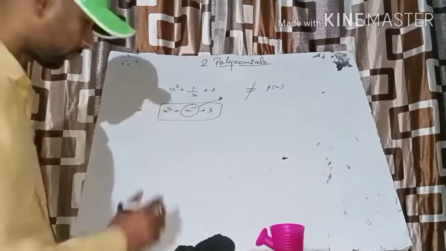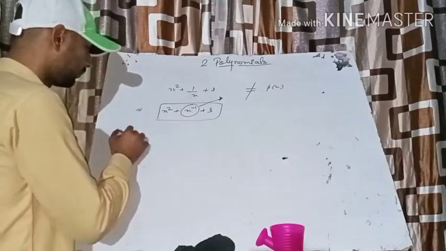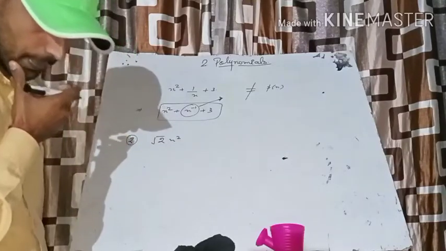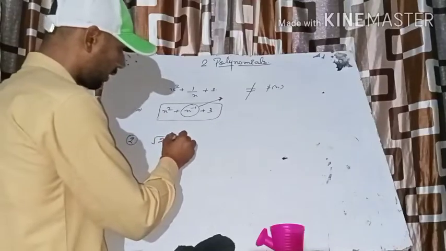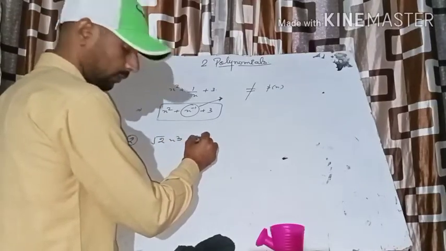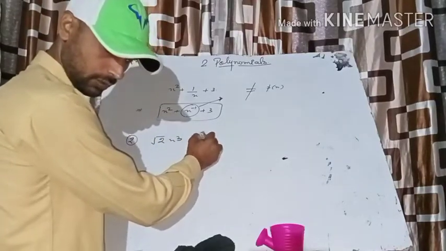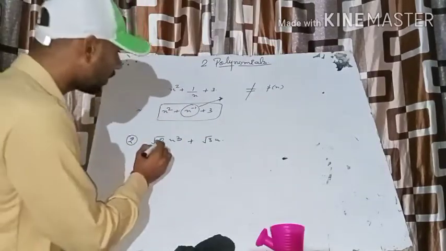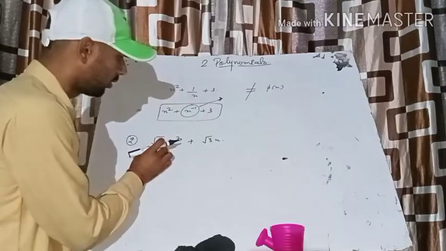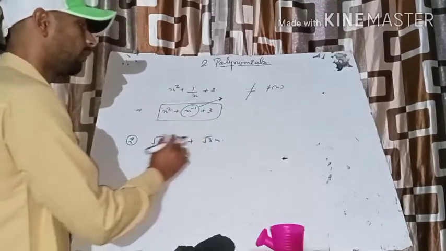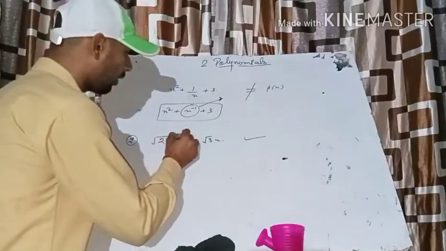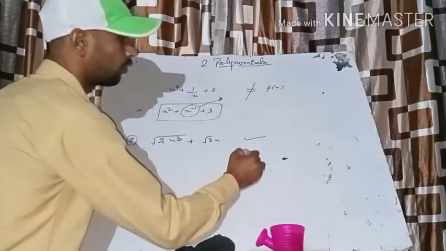If we have root 2 x square, x cube, suppose that it's your x cube plus root 3 of x. The root is only on this 2, then it will be a polynomial. If the root is applied on this one, then it will not be a polynomial.